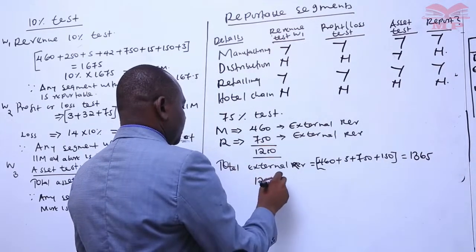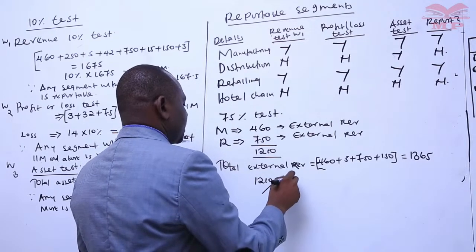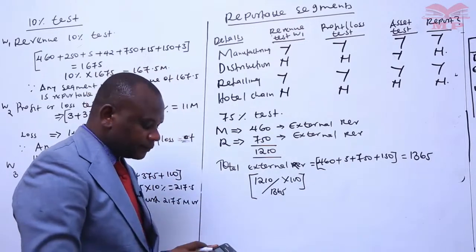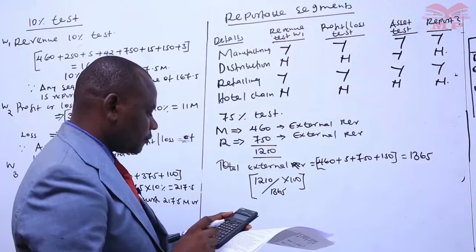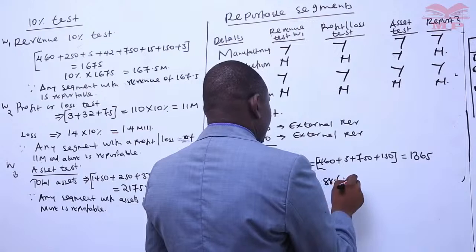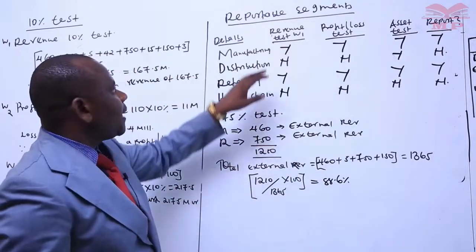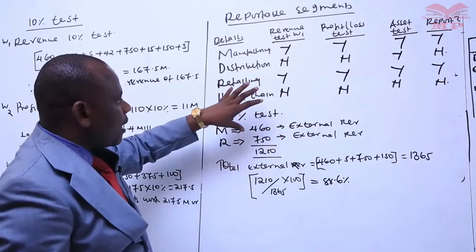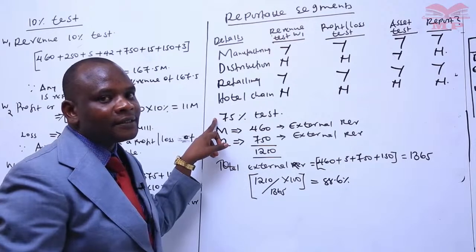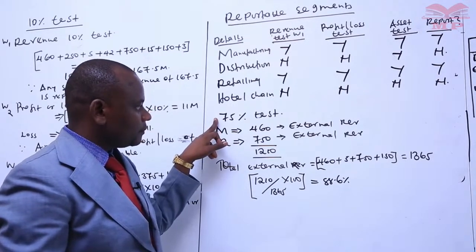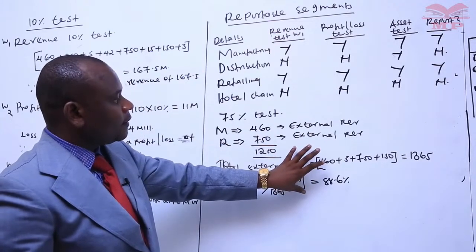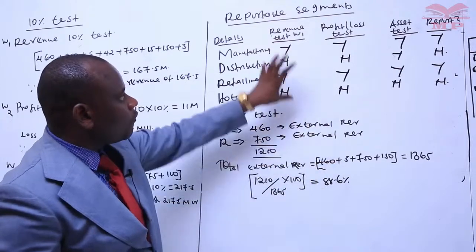So 1210 over 1365 times 100. What do you get? That is 88.6. So the reportable segments external revenue are going past the 75% threshold. And so this is an emphasis of what we've just done here.